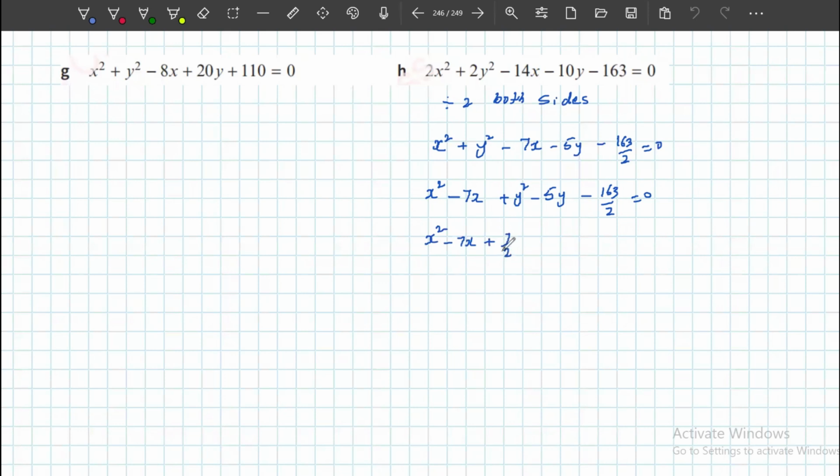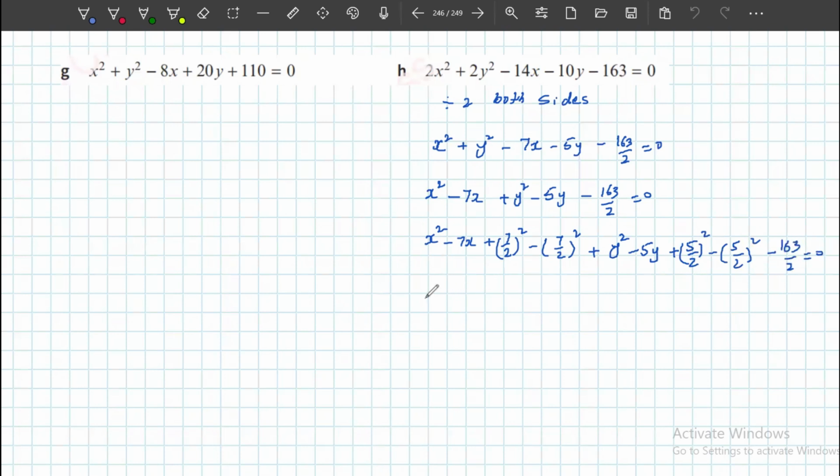So we will take (7 by 2) whole squared, add as well as subtract (7 by 2) whole squared, and now after that y squared. And what is half of 5? 5 by 2. So we will add (5 by 2) whole squared as well as subtract (5 by 2) whole squared, and minus 163 over 2 equals 0.